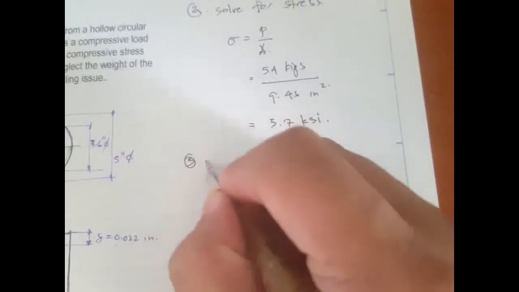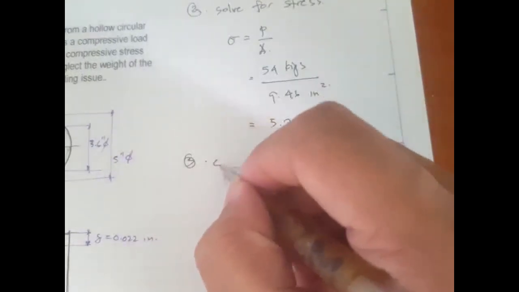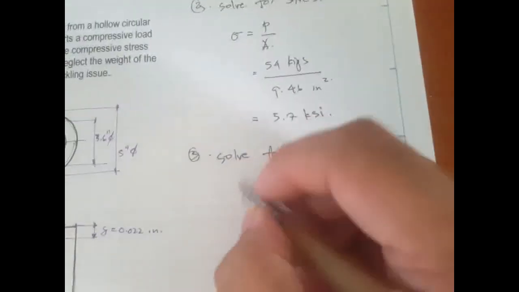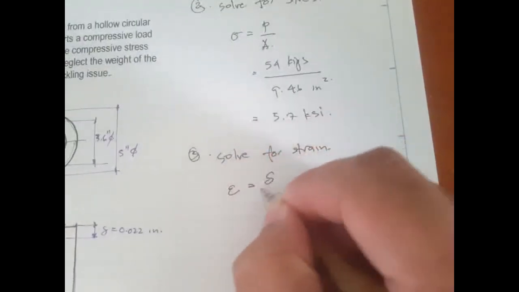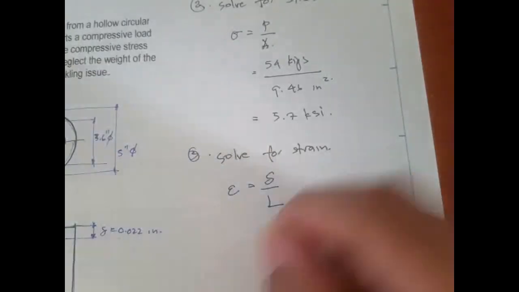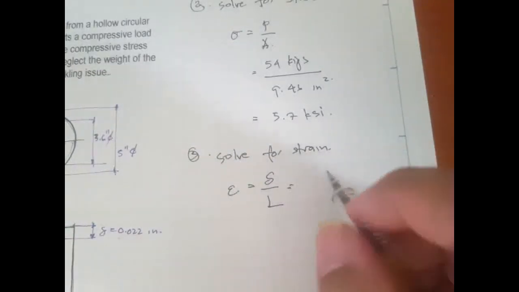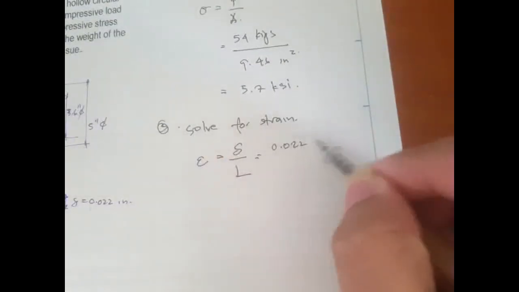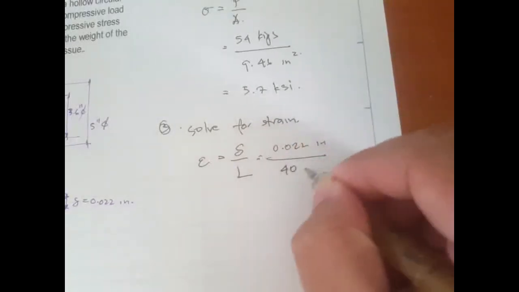The next is to solve for strain. The strain is simply the deflection divided by the original length. Our deflection is 0.022 inches divided by the original length of 40 inches.